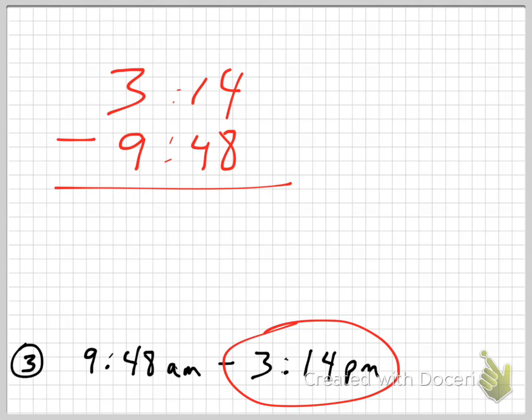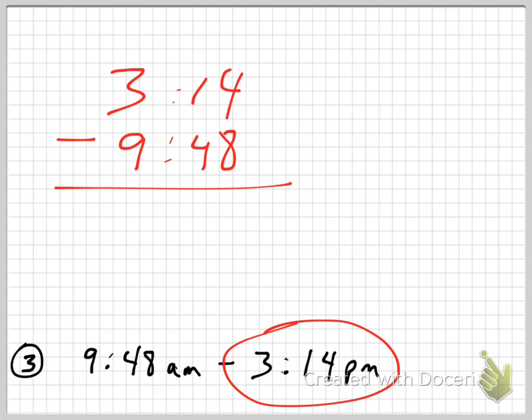So anytime you have a PM time, you know what you can do? You can simply add 12. What is the military time at 1 o'clock? At 1 o'clock, it's 13. What time is it at 2 o'clock? 14. What time at 3 o'clock?